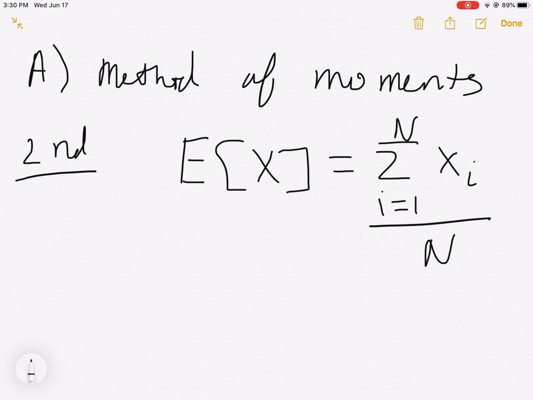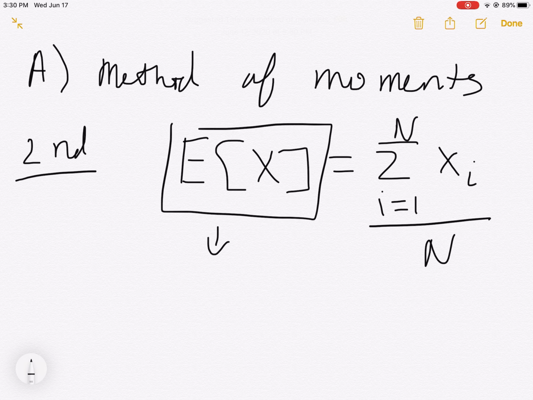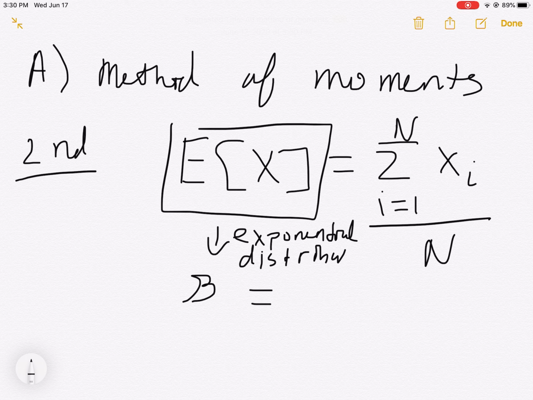Well, this piece right here, that's beta because it's an exponential distribution. And you can see page 78 if you like. So beta is going to be equal to x bar, and we solve for beta.